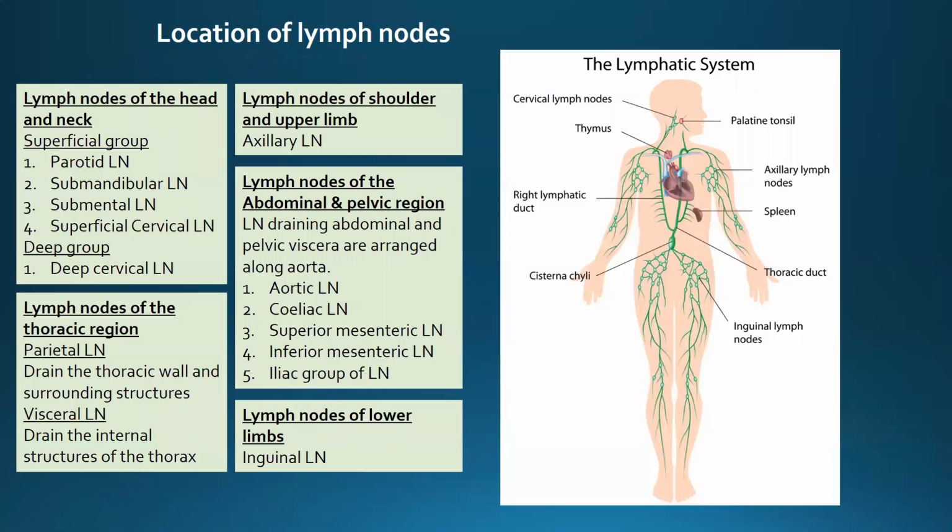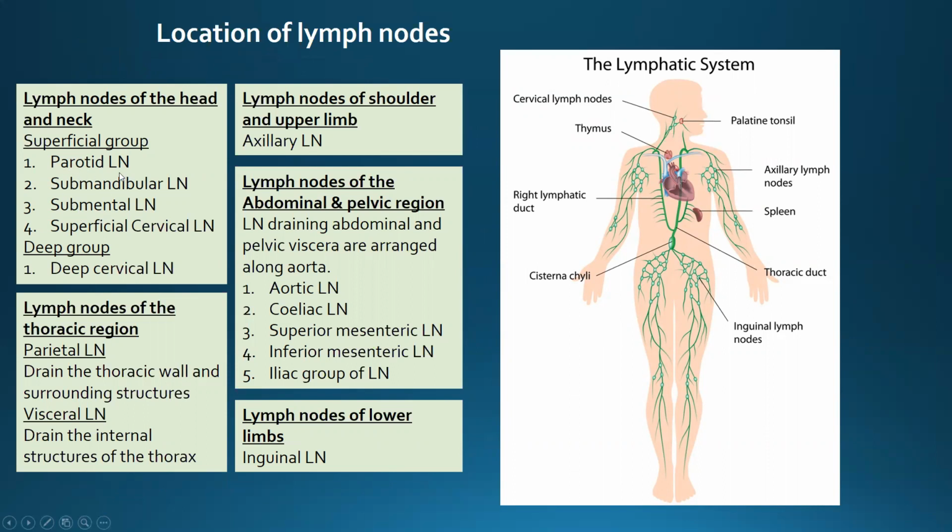These are all the locations of lymph nodes by region. Lymph nodes of the head and neck can be divided into superficial and deep groups. For the superficial group, there are quite a number, but I can only list four of them here.